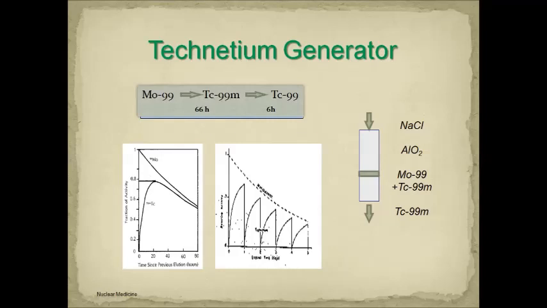Usually we say that 10 half-lives are enough for a radioisotope to decay completely. So if we administer technetium, after 60 hours, not more than 3 days, it will be removed from the human body.